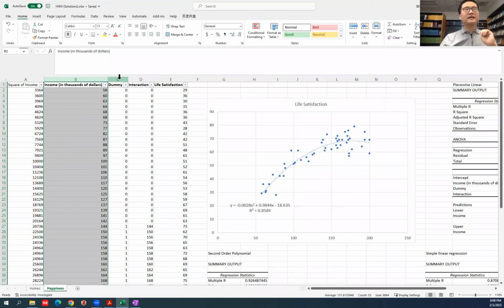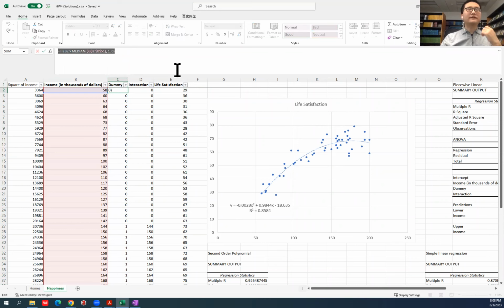However, I also built a dummy variable to represent whether a person was from a high income group. That means if a person is from the high income group, then the value of the dummy variable is 1. Otherwise, it's 0.